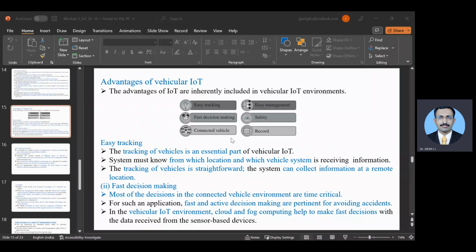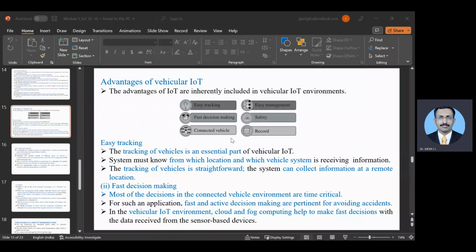With the application software and all the communication processes, you can find where the car is located, whether it has come close to the destination, what distance it is, where it is traveling, at what point it is. All this tracking is possible only when you have a very good infrastructure where your device can be monitored at every instant of time. That is called easy tracking.